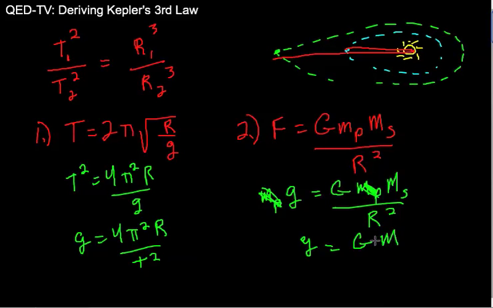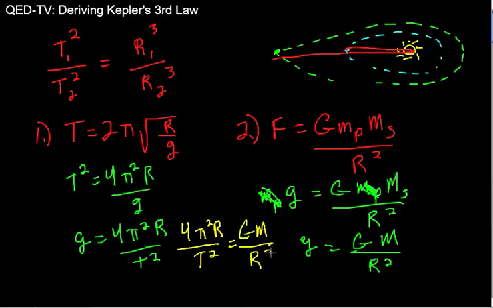So I'll leave the S off. This mass could be the mass of whatever we're orbiting around, over r squared. And so what I can do is set both of these gravities equal to each other. So I'm going to have 4 pi squared r over T squared equals big G, big M, over r squared.